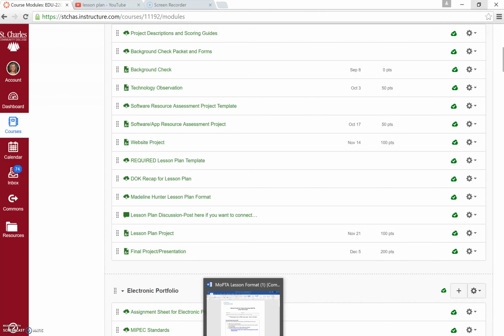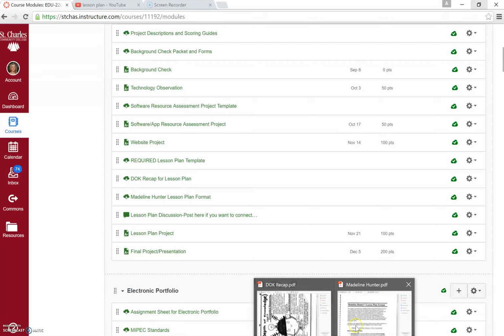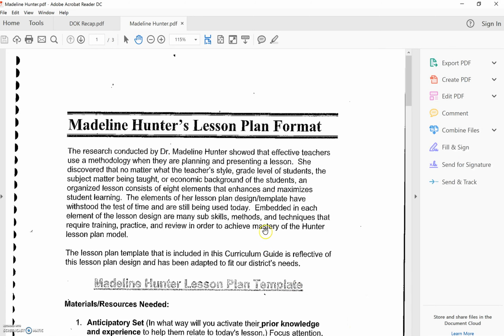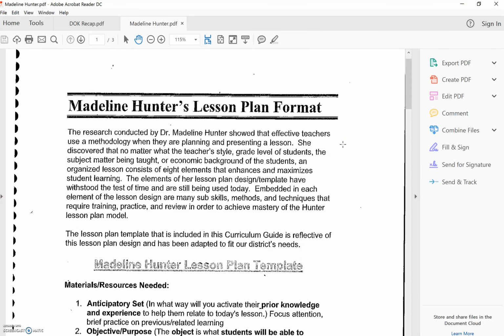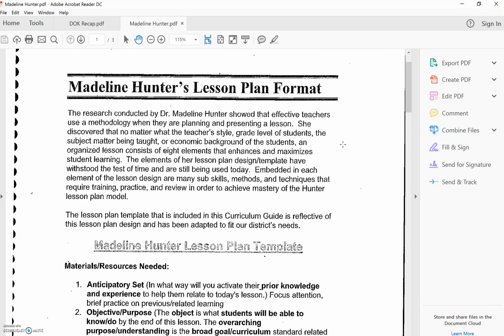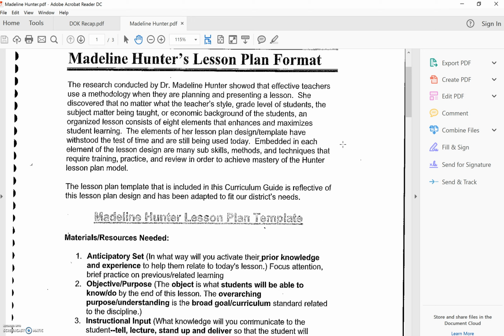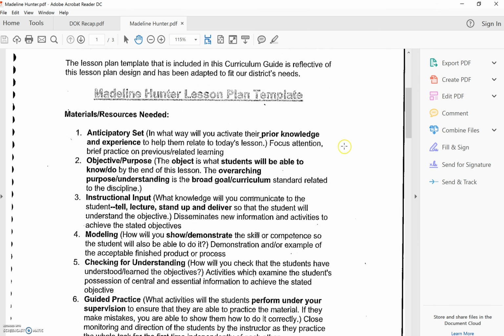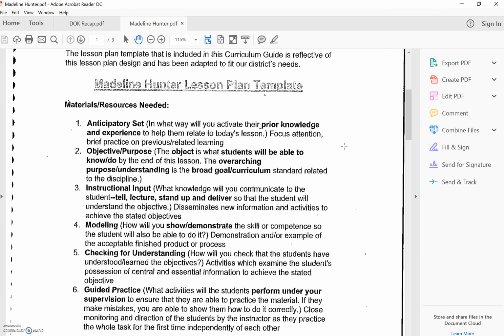So let's talk about each one of those things individually. The first thing I want to talk about is the Madeline Hunter lesson plan format. In here, I've just scanned in the basics of this lesson plan format, and it's a more traditional method than the MOPTA.